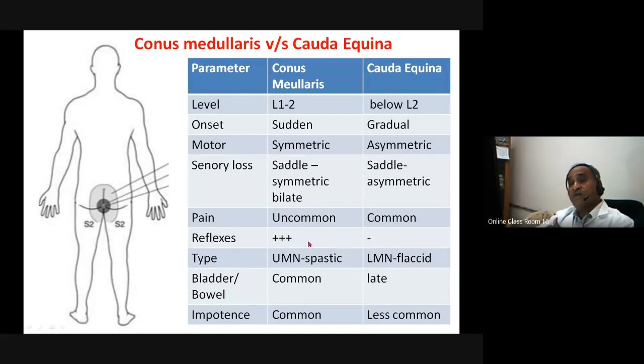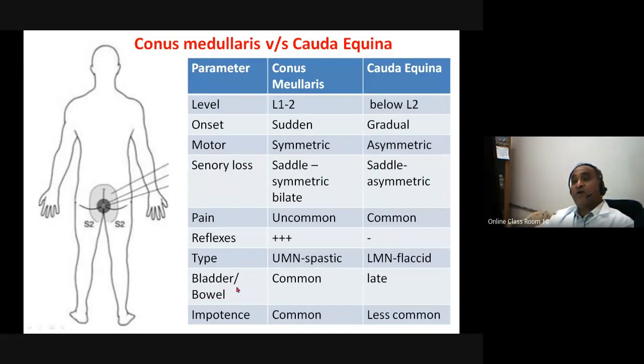You may even find, regarding the plantar level, those plantar reflexes if they are intact. In the other case, reflexes are absent. So this is a lower motor neuron, flaccid paralysis in case of the cauda equina.